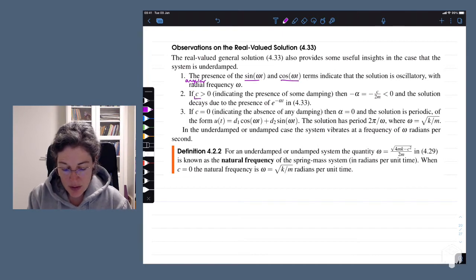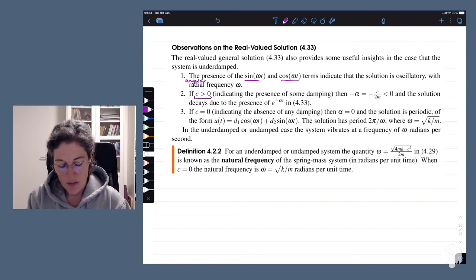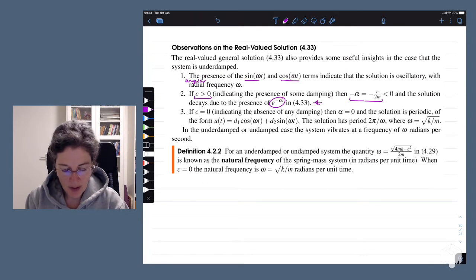If it turns out that we have a positive damping coefficient, then we find that our minus alpha is equal to minus c over 2m, which is less than 0. So our solution decays because we have a damping term coming in.